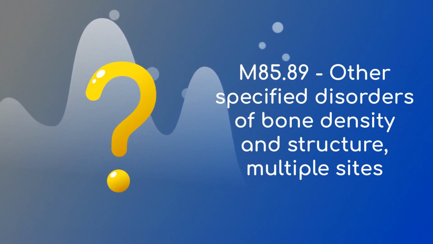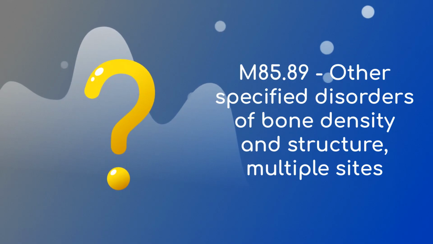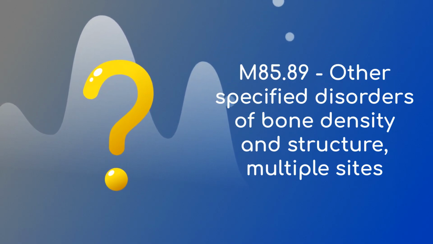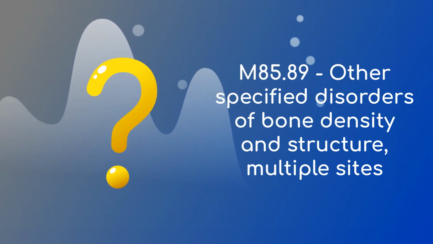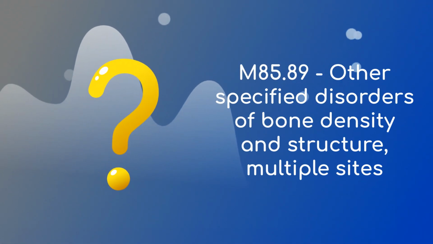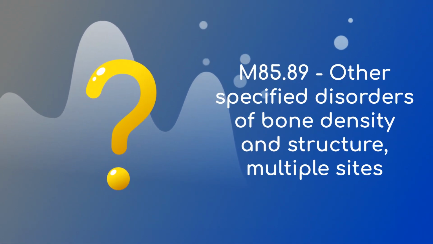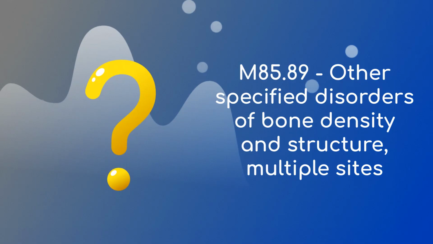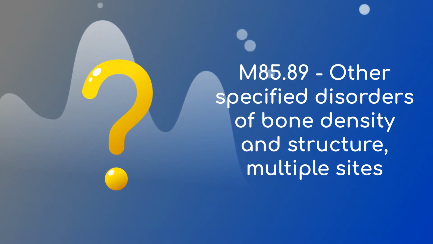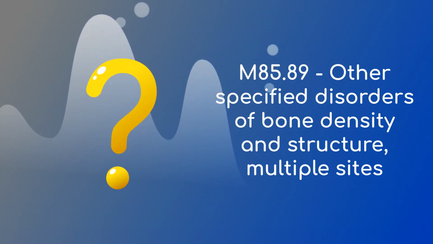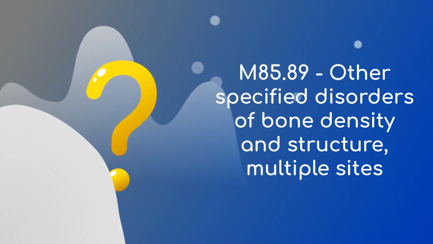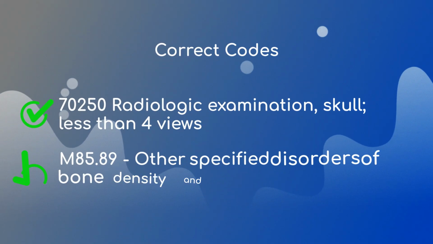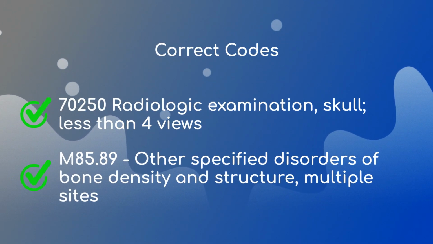This code is used to report abnormalities in bone density or structure that don't fall into more specific categories. In the context of the report example, symmetric bilateral calvarial thinning, likely representing focal idiopathic calvarial thinning, also called biparietal osteodystrophy. The finding describes a non-traumatic, symmetrical thinning of the skull bones, which represents an unusual but benign variant of bone development or structure.